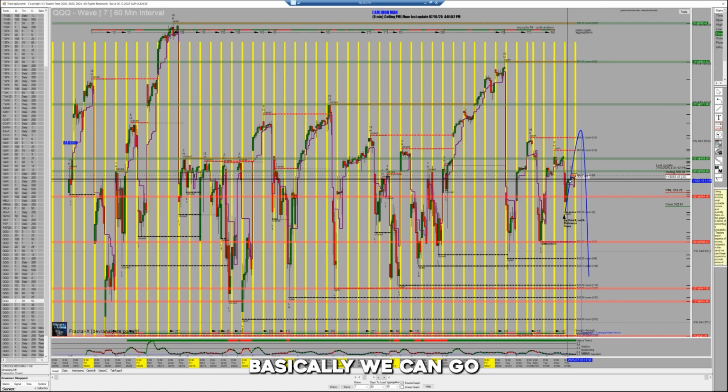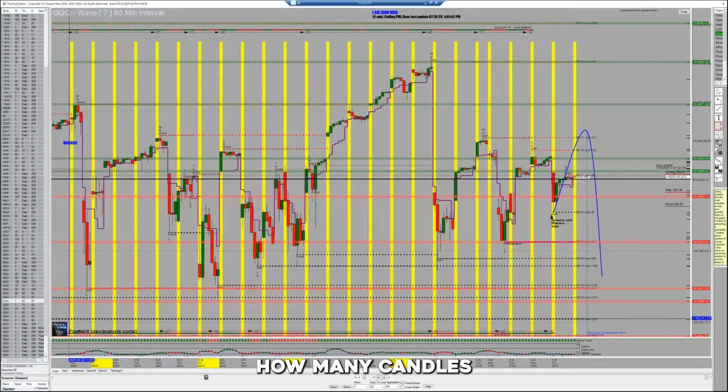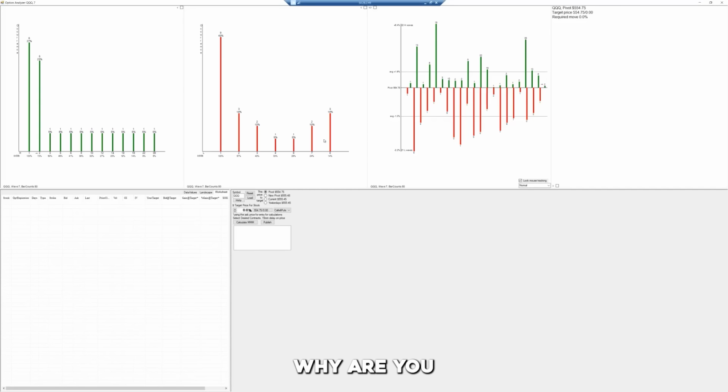Basically we can go through the basics. For example, currently we are at H2 and you're wondering what's going to happen next. If we zoom in, how many candles have we formed after H2? One, two. So the next thing we're going to form is H5, I guess. So we are going to look for the probability of forming H5. Why specifically H5?